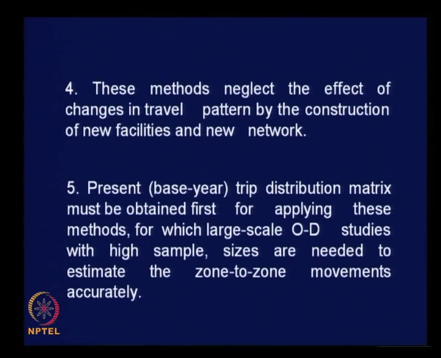Another important requirement: your planning expenditure is going to be high in the form of increased requirement for data collection. Your sample size has to be increased and you must collect very accurate data with regard to trip interchanges between zonal pairs. So this is another important disadvantage of growth factor method.